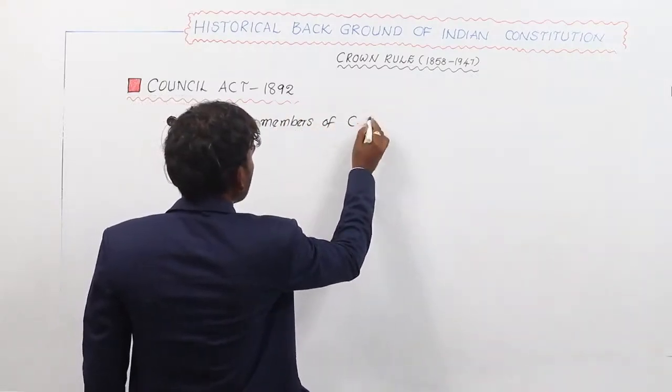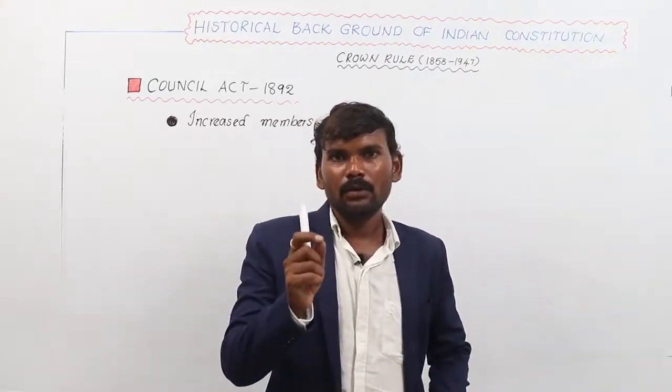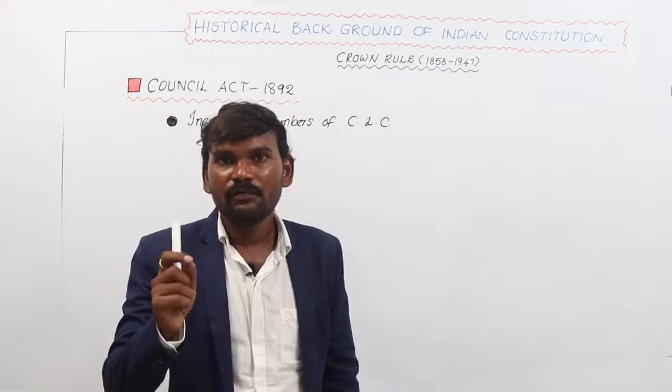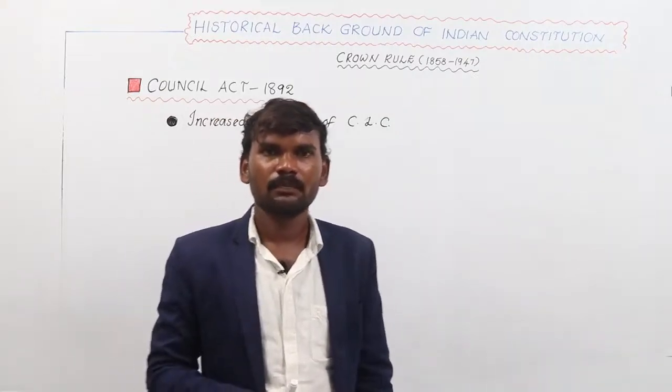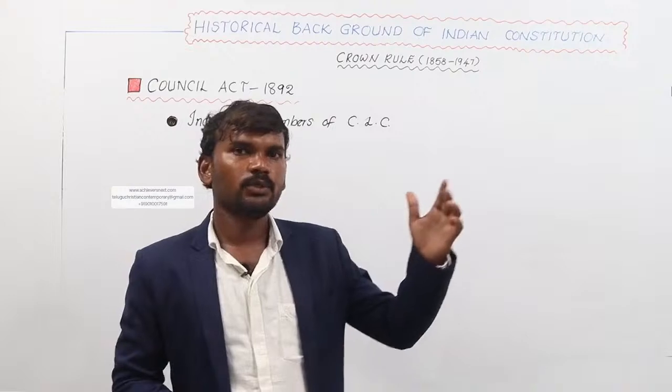The Central Legislative Council was established by the 1853 Charter Act, consisting of 6 members. After that, by the 1861 Council Act, the number was increased to 10.